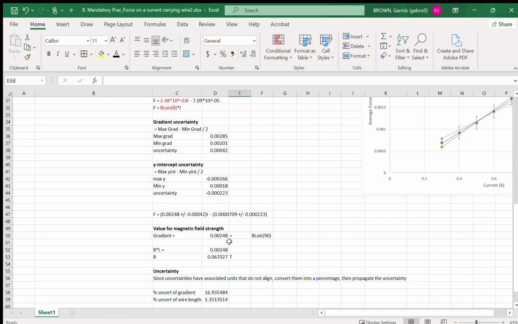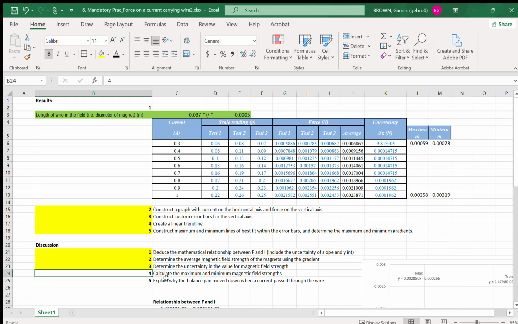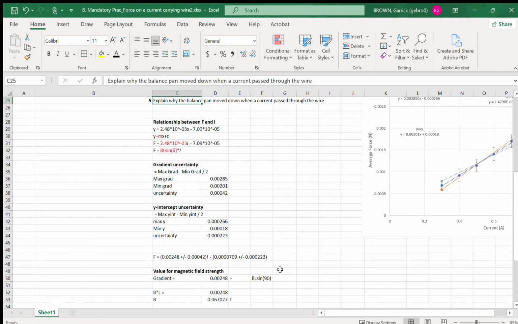And looks like we have pretty much finished. Explain why the balance pan moved down when a current passed through the wire. Well, I will let you investigate that.